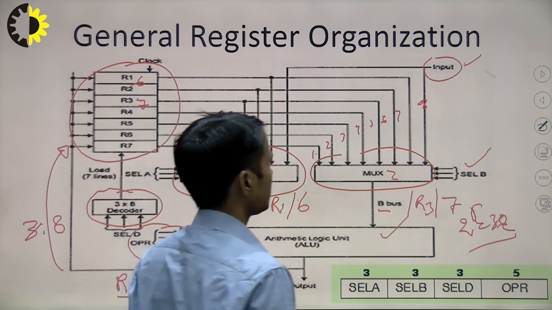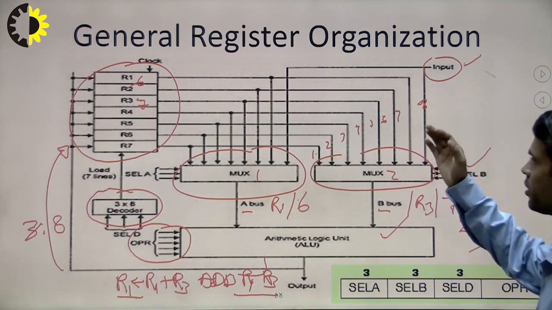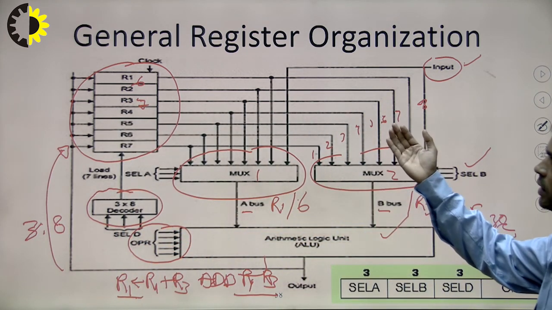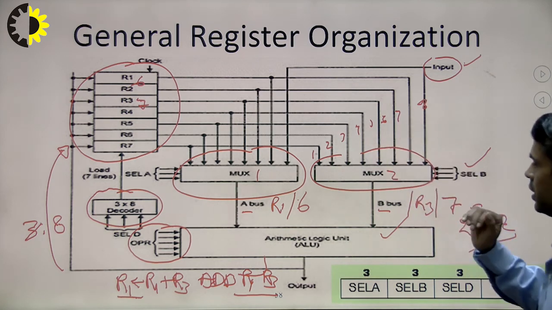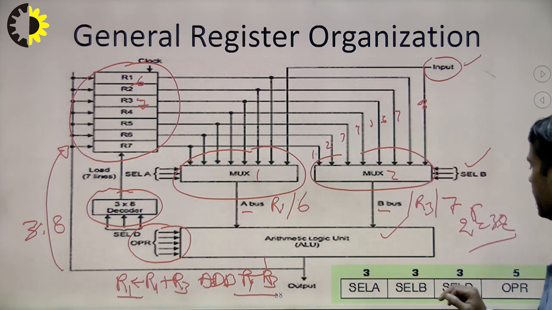In this way we can simply perform many operations one by one using the selection lines A, B, the output line selection D, and the operation bits, which select the operation that we have to perform. So, let us see further.